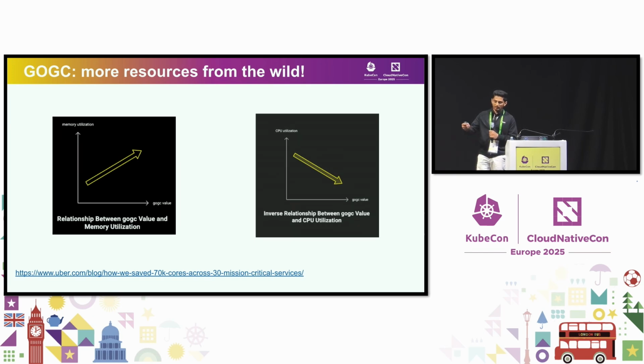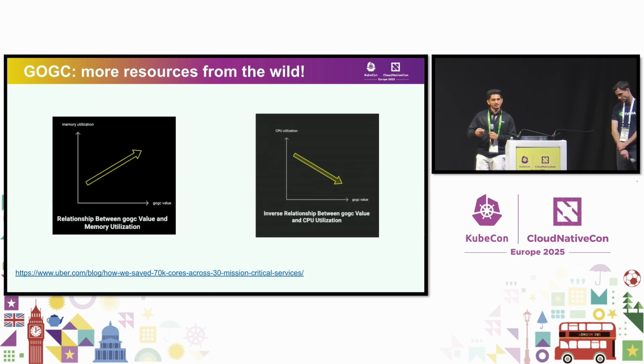In fact, I have a reference from a blog from Uber. They have done exactly the opposite of what we have done, where they tuned the GoGC value so that they would have lower CPU utilization, but higher memory, which is OK for their environment.